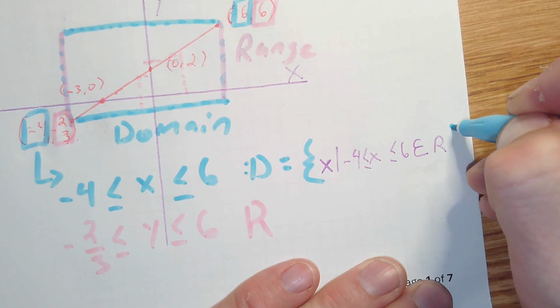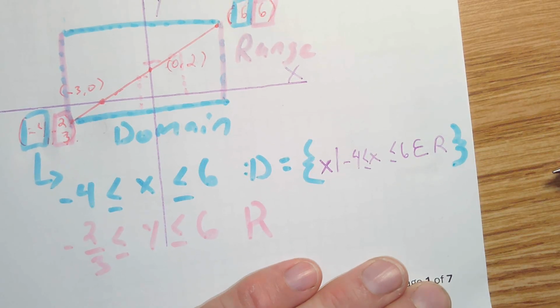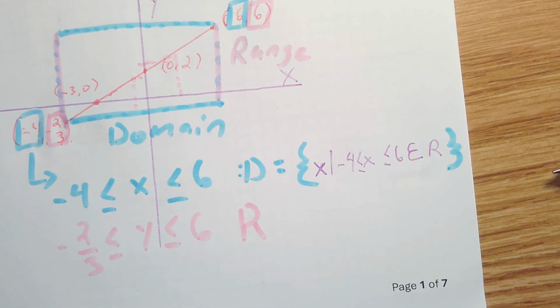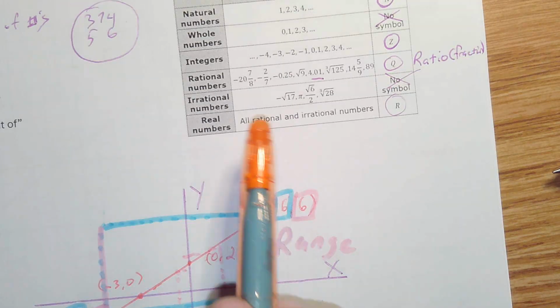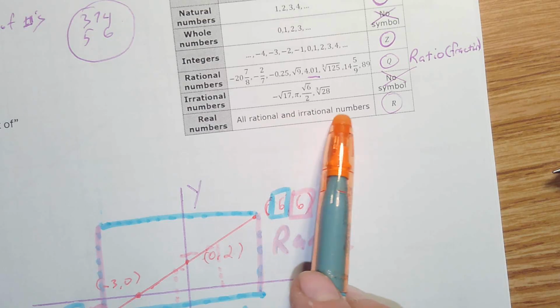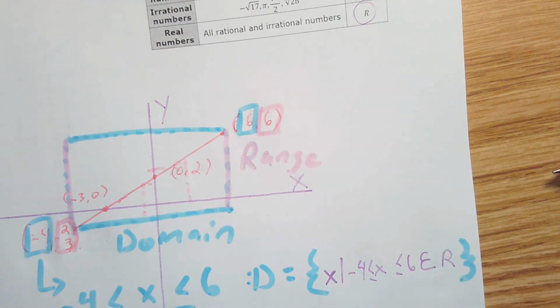That looks like a sigma, but it's the element-of symbol. And then I'll close my brackets. That's the real fancy way of how to do that, because it's all real numbers, so rational and irrational numbers.